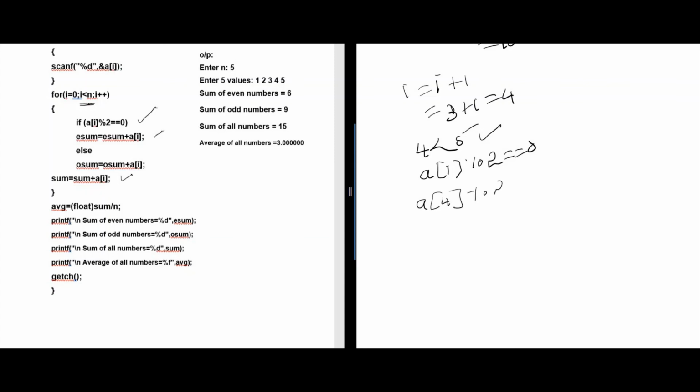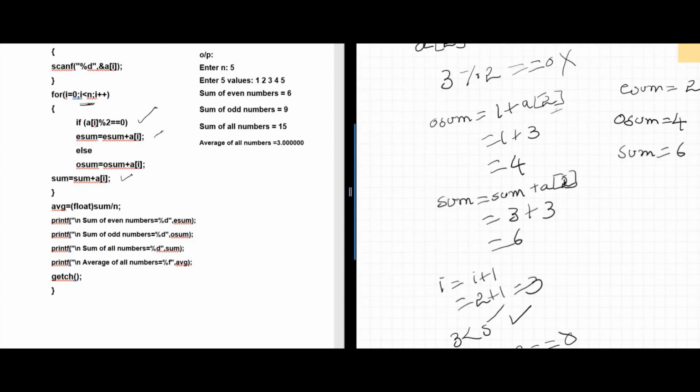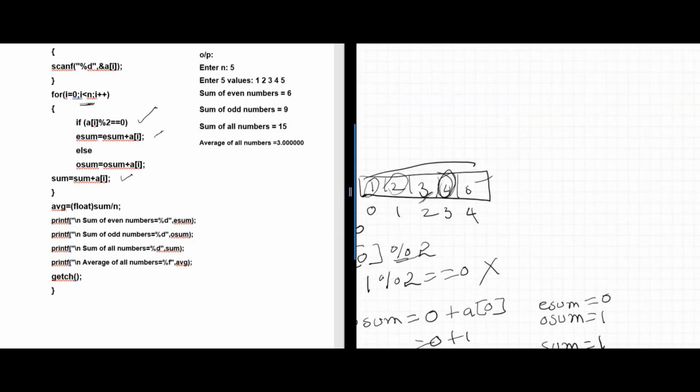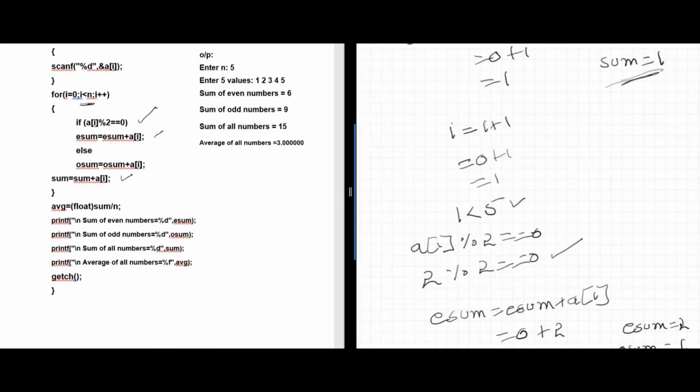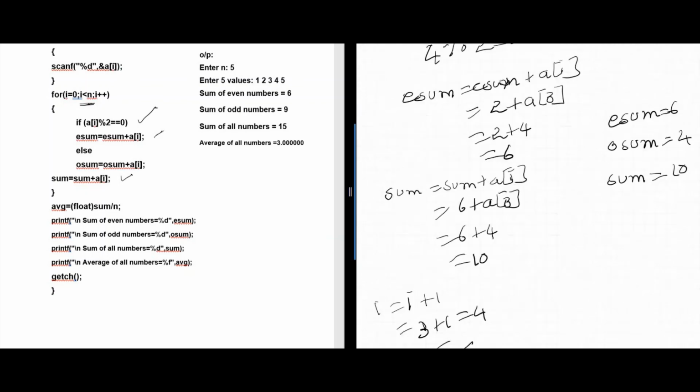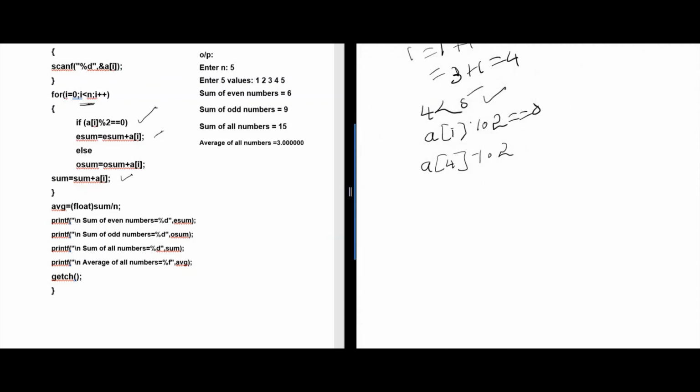Let's see what A of 4 is. It contains the value 5. Right. So I am checking 5 modulo 2. Is it equal to 0? No. So the if body is not executed.